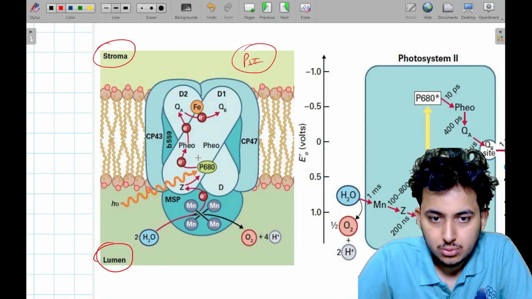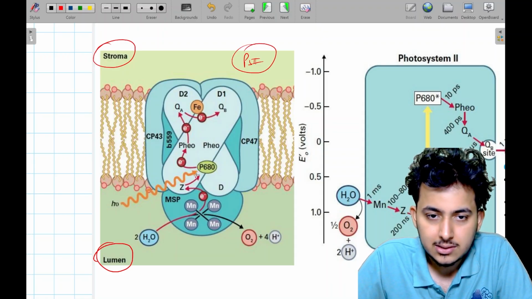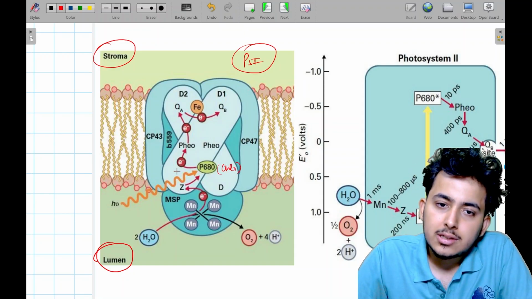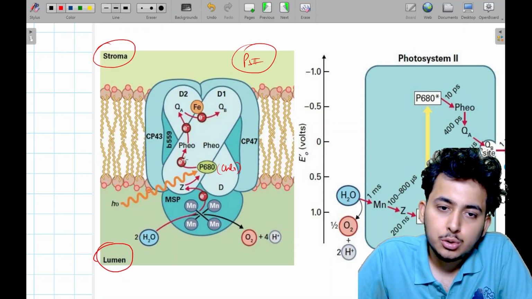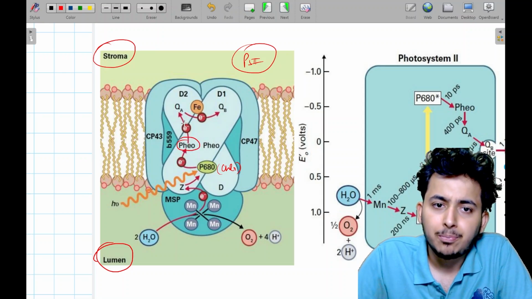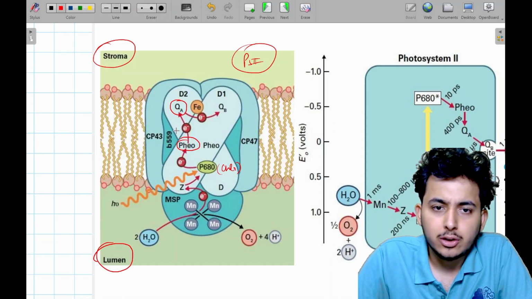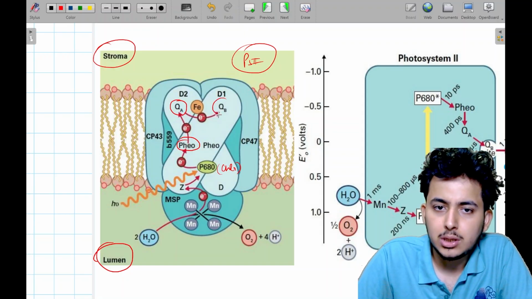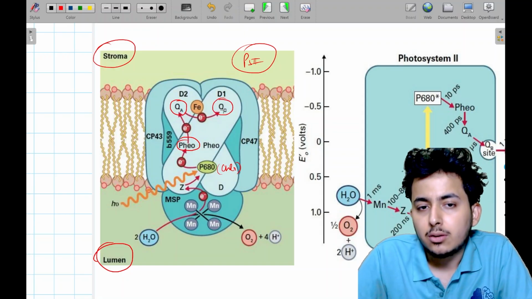As soon as the light is striking the reaction center P680, which consists of chlorophyll a, it moves to excited state, comes back to ground state, releasing an electron. The electron passes through pheophytin to QA, that is the quinone, and then again passes from QA to QB.